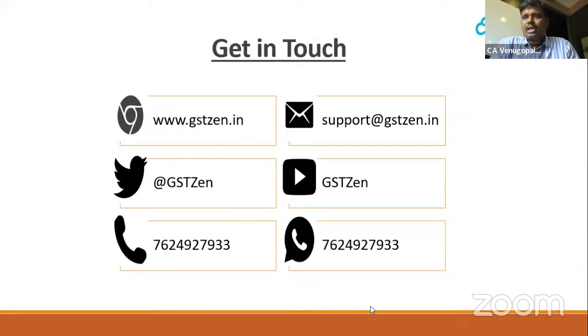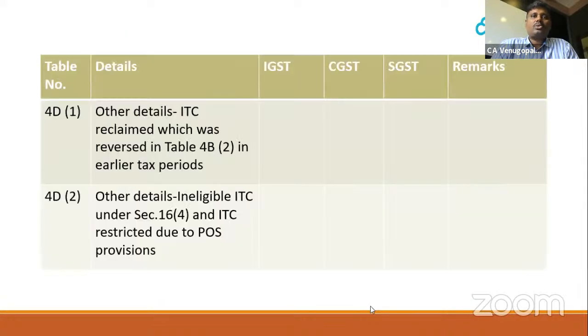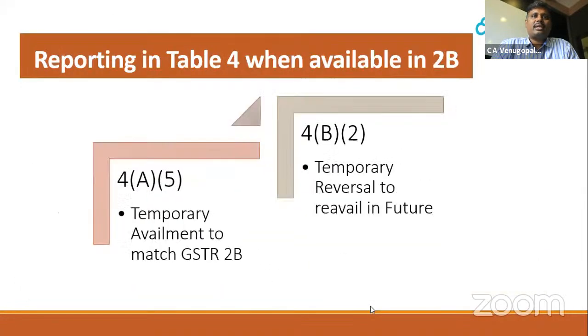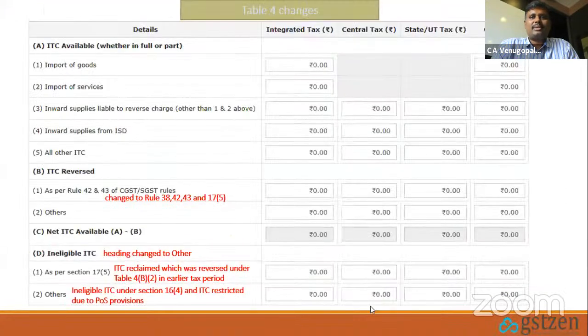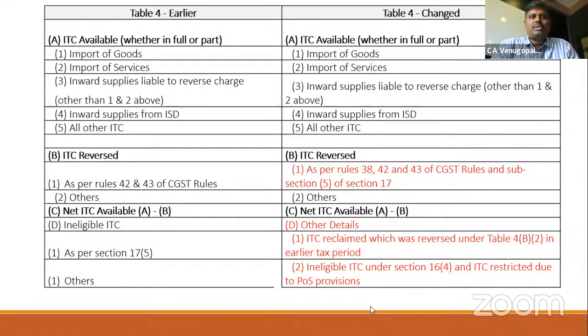Riddhi Mehta is asking, can you elaborate table 4D2 once again? See, if you see 4D2, it will be auto-populated from the government portal, where if a place of supply, let's say I'm here in Karnataka, Bangalore, I'm going to Bombay, staying in a hotel. The hotel would be issuing an invoice with the place of supply of Maharashtra CGST SGST.